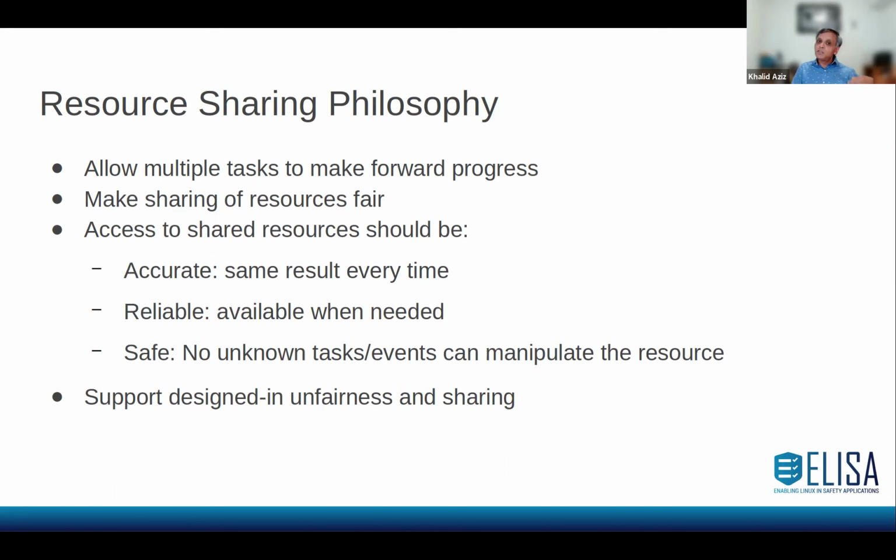And then the access to the resource should also be reliable, which is when a task has been assigned a resource and it goes to access it, the resource should be out there. There can be a slight delay in accessing a resource depending upon what the kernel is doing, but the availability should be 100% for the resource. And then, of course, this access has to be safe. You have got multiple tasks running on the system. They're all doing their own thing.